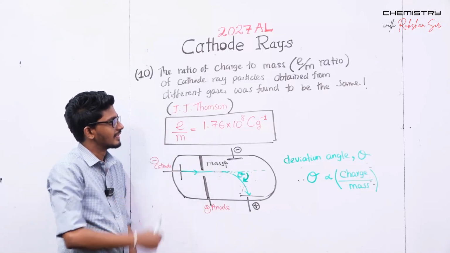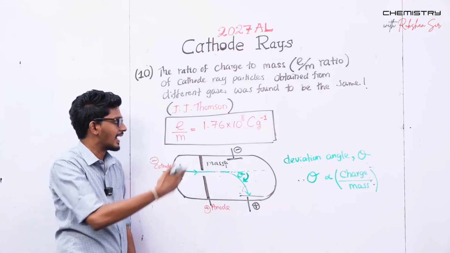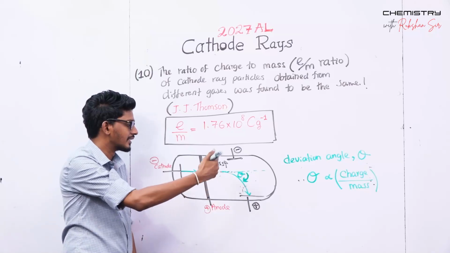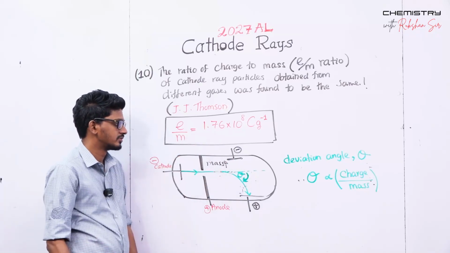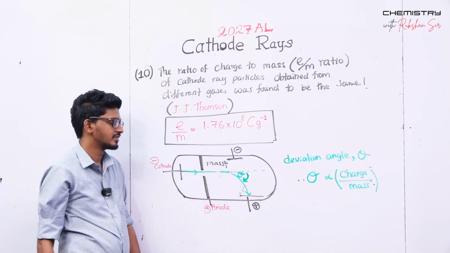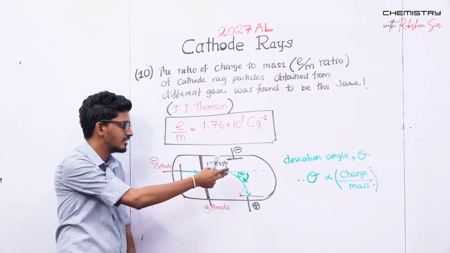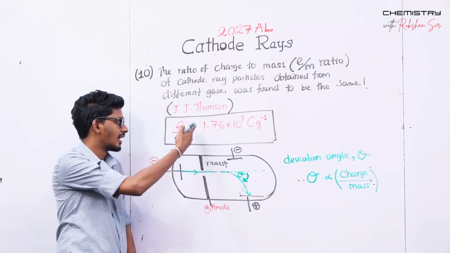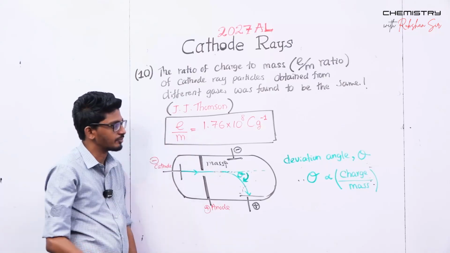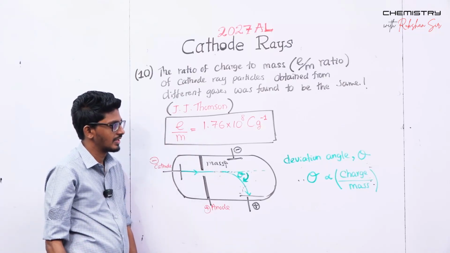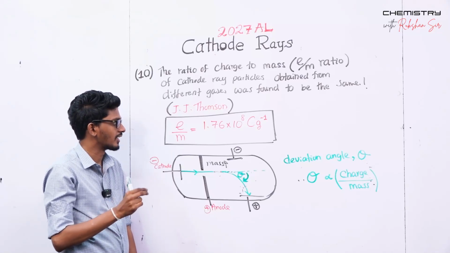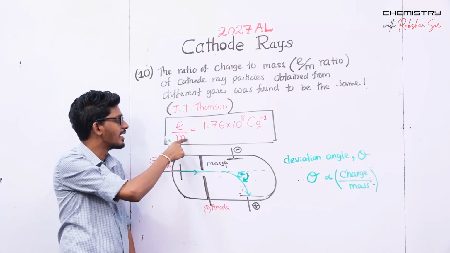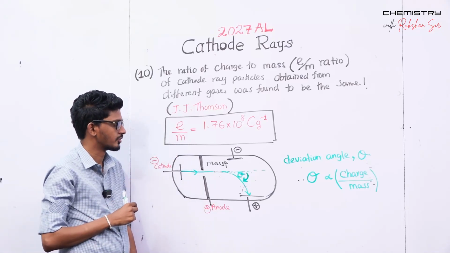So ultimately, with a longer calculation involving theta, the deviation angle, he came up with the ultimate result for the e over m ratio. Remember, note that Thomson was unable to come up with the charge and the mass of the electron.